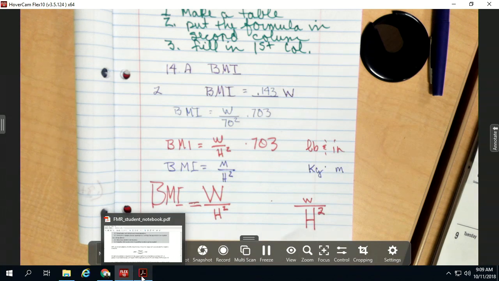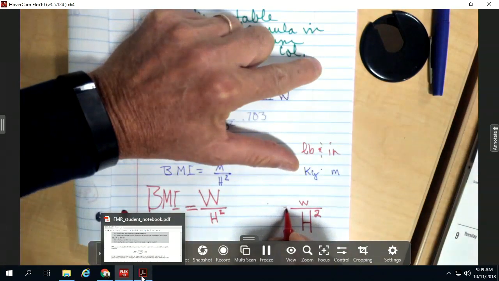Oh, low weight, but you don't have the big height squared. Can you give me an example of somebody that would fit that category? You're thinking of somebody, Janine. No. I thought you were. So a really tall basketball player, big height, not much weight on them, okay? So what happens to their BMI?